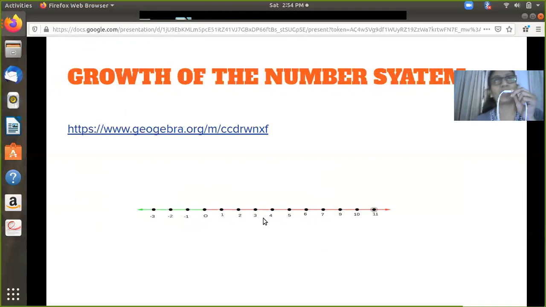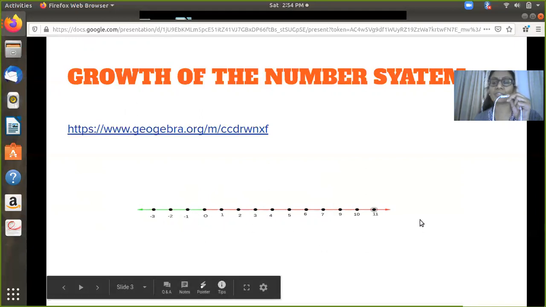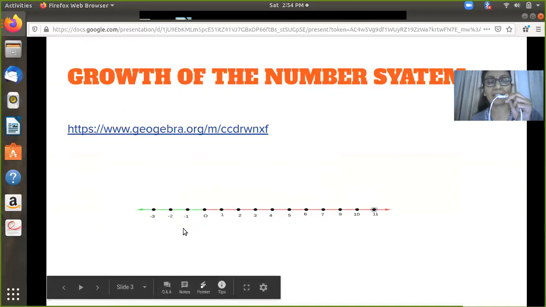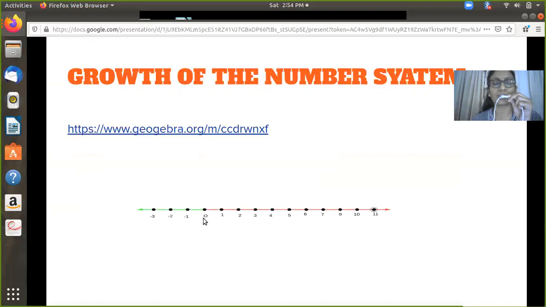And hence we had to introduce the negative numbers, and the number line started moving towards the left of 0. So the number system expanded further from the whole numbers to the negative numbers, including the whole numbers, which we have called integers.